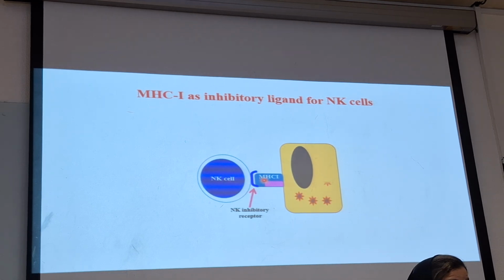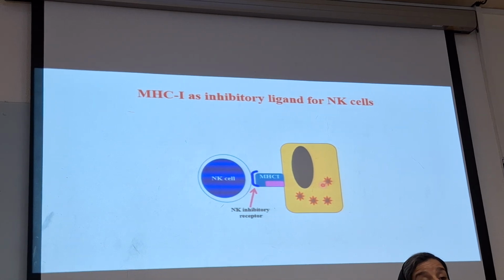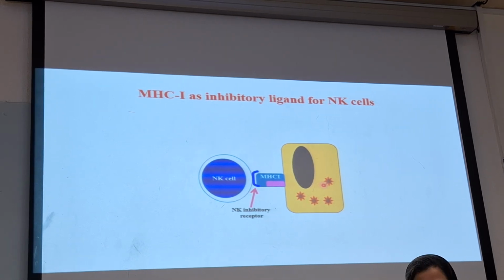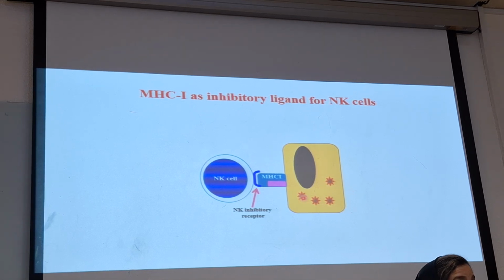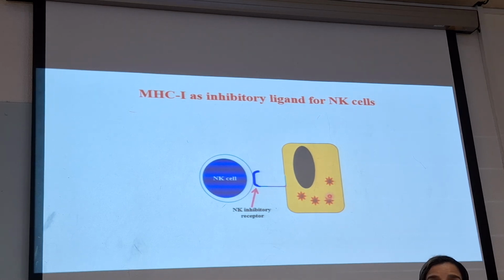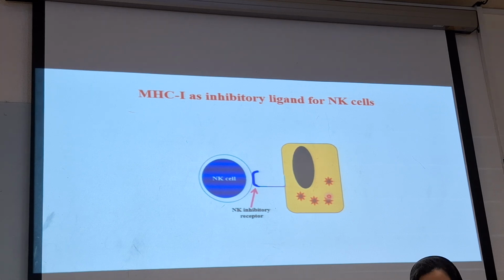But when these target cells are infected with a virus like hepatitis B virus or hepatitis C virus, they lose expression of MHC1 and aren't able to express it. So we can say they are missing self cells.